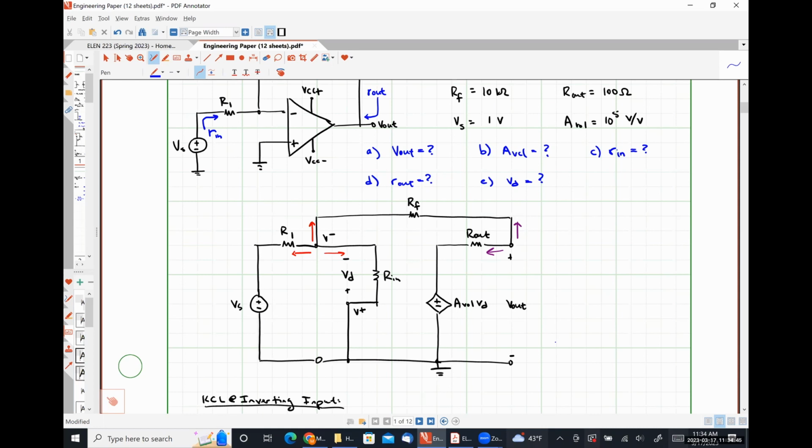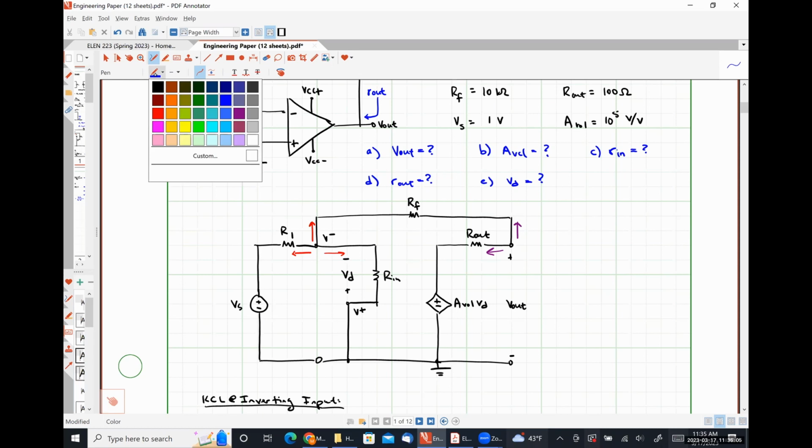So V out that we calculated at the beginning is our open circuit voltage, or our Thevenin voltage for this system measured between our output terminals. Now we'll just need to figure out what the current is through shorting out those terminals, right? So let's do this in pink here.